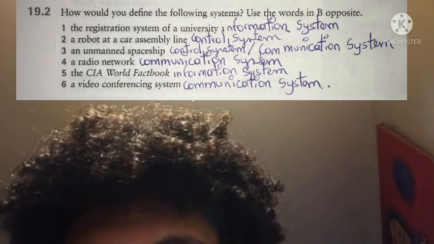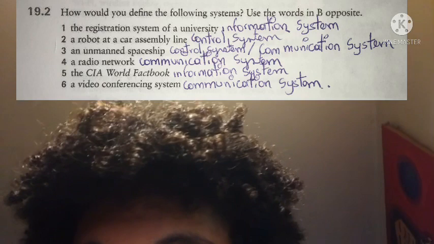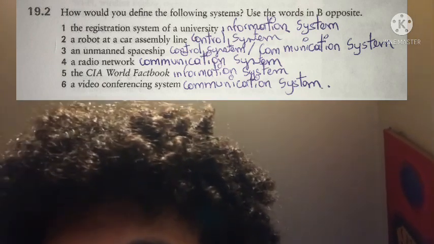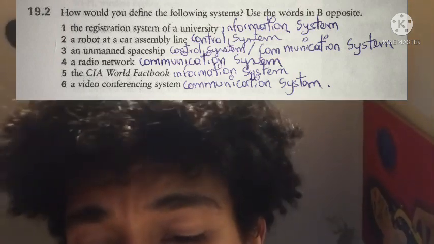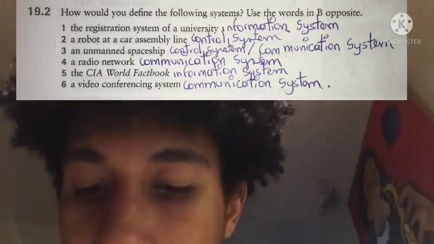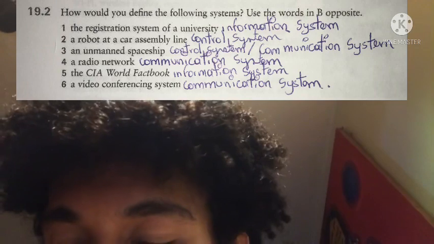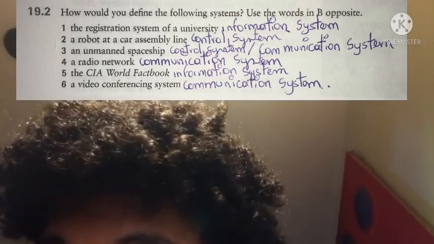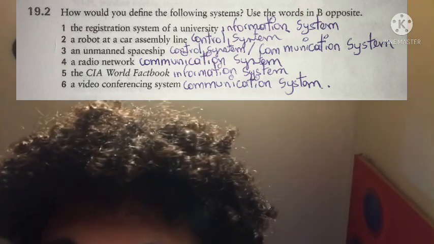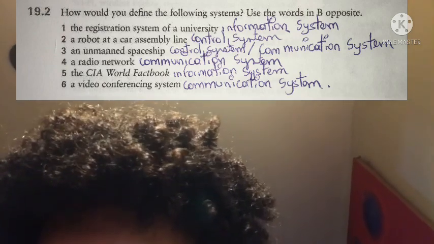A manned spaceship. It is a control system or communication system. 4. A radio network. It is a communication system. 5. The Guinness Book. It is an information system. 6. A video conferencing system. It is a communication system.